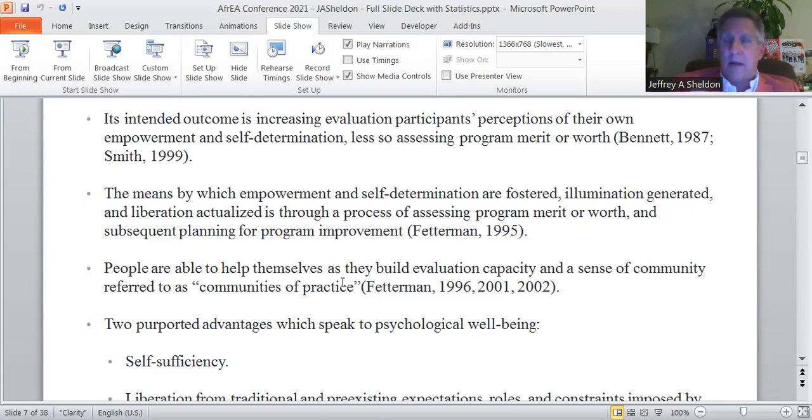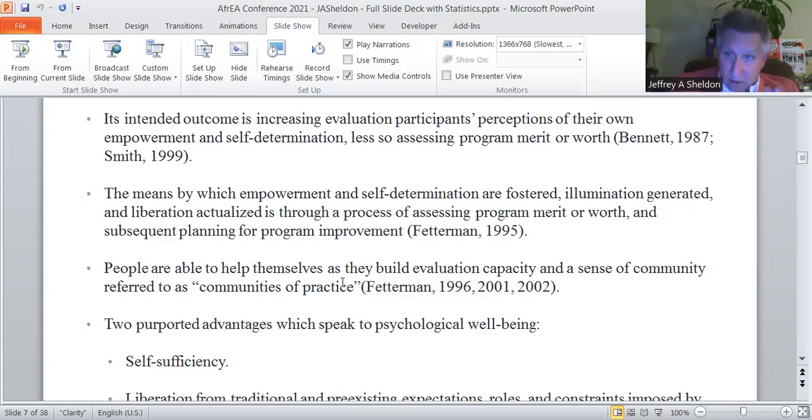When you're taking part in the process, when you're learning how to conduct evaluations, when you're developing that evaluation capacity, knowledge and skills around evaluation, you feel like you're competent, and you're doing this in a setting in which you're doing it collectively with other people, developing this little community of practice, the practice being evaluation.